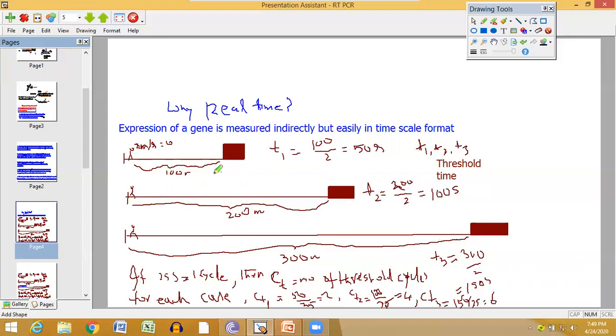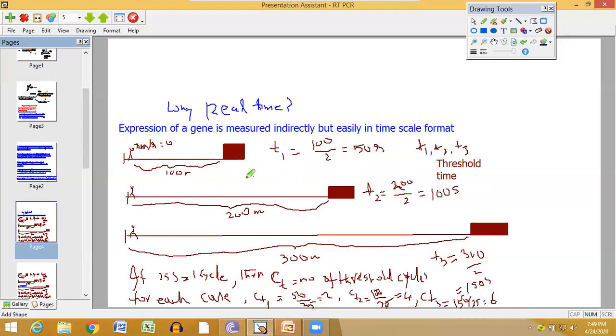Now say the person has a speed of 2 meters per second as his velocity. Say the person either walks or moves by car, he has a velocity of 2 meters per second.